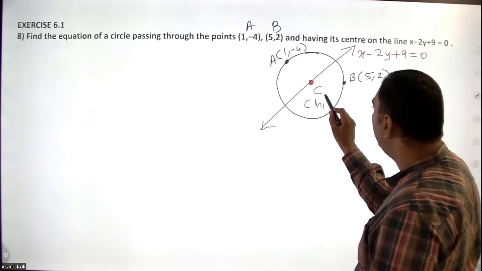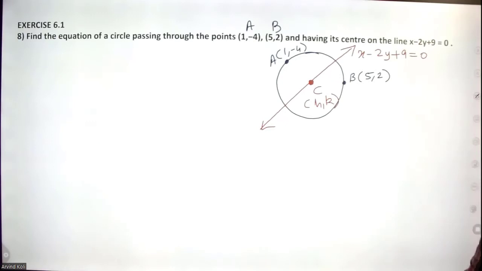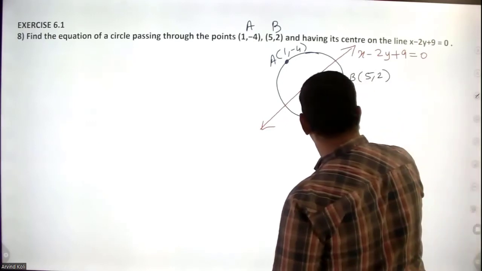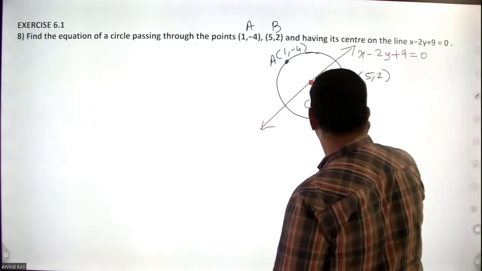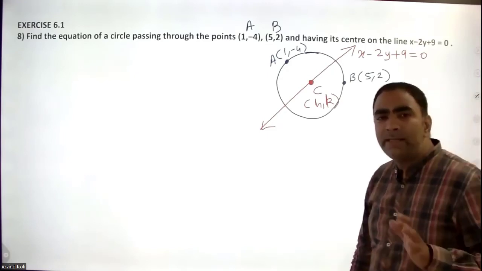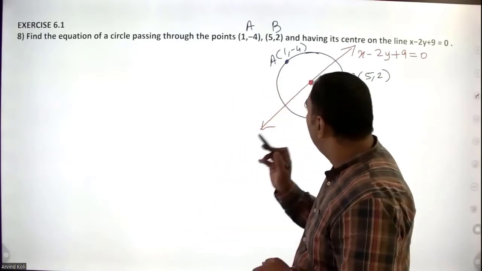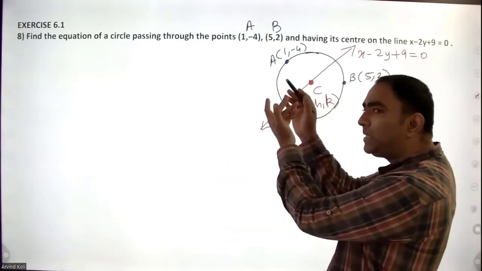Normally center का coordinate हम h, k लेते हैं, तो मैंने ले लिया यहाँ पे. ठीक है, h, k. So now students, our job is to find what? Find the equation of the circle. And you know very well, to find the equation of a circle, हम क्या करते हैं? We just need the center and the radius. Now, अगर center मिलेगा तो radius भी मिल जाएगा.